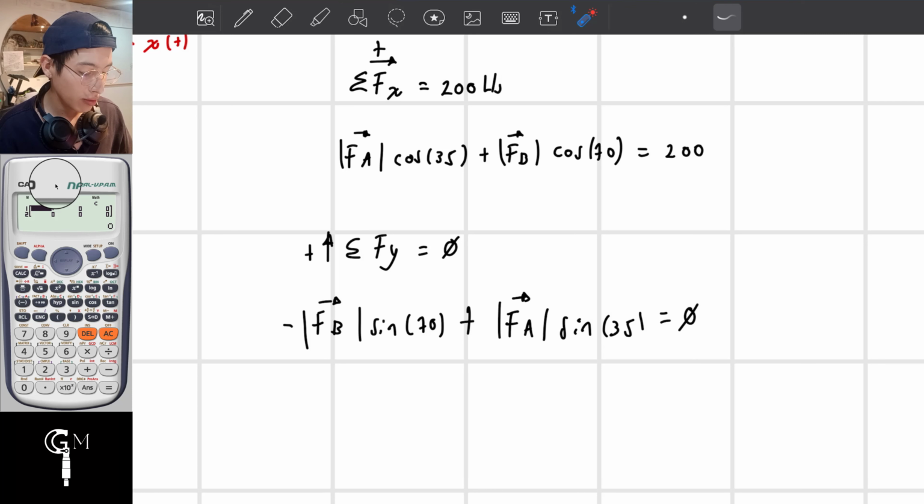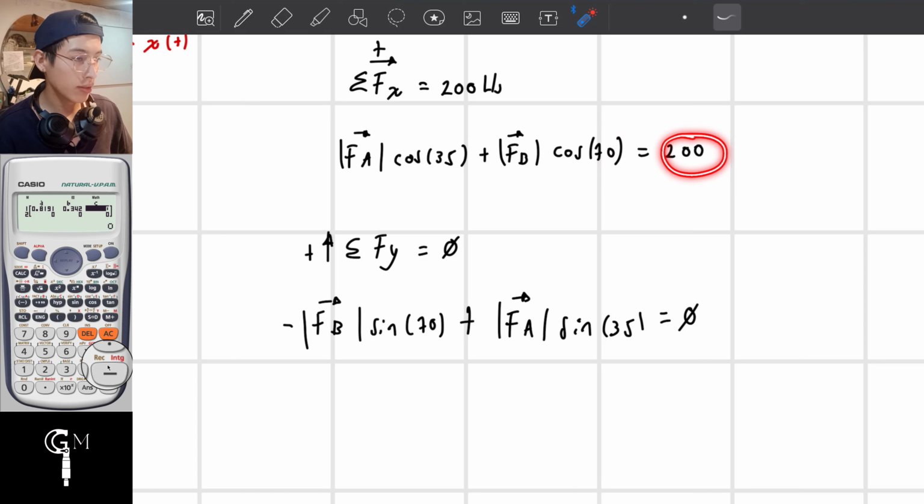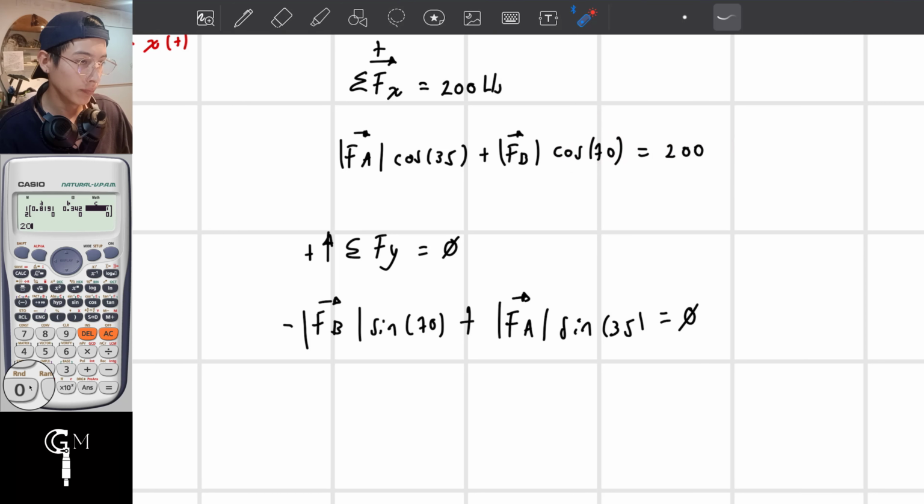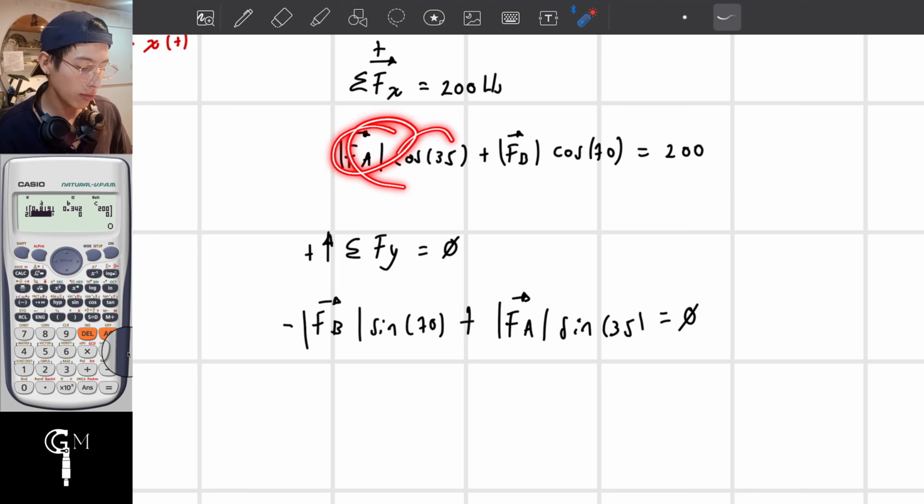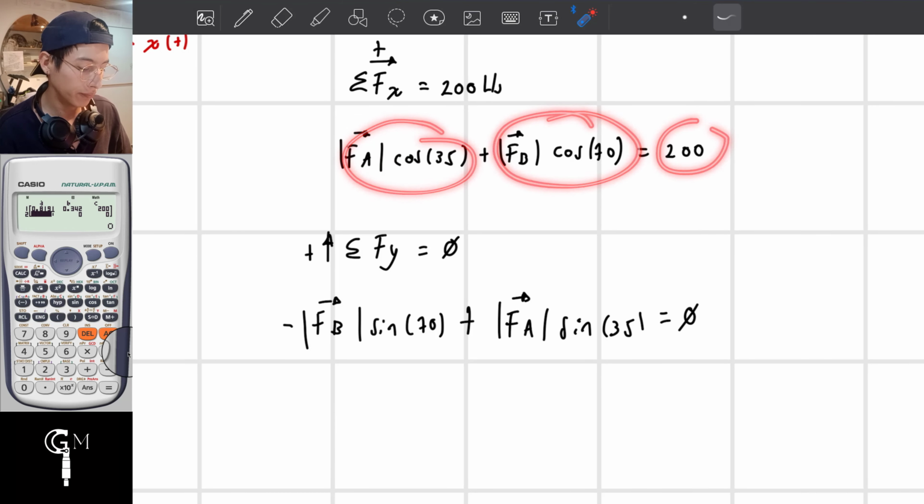All right, so in this case, cosine of 35, then cosine of 70, which is this, and this is equal to 200. So A, B, and C.